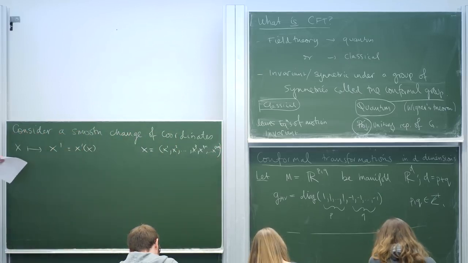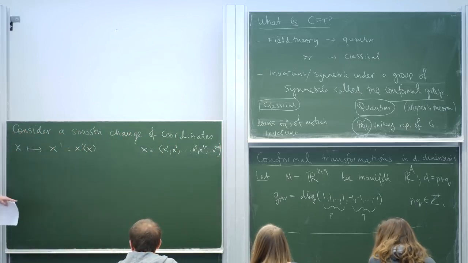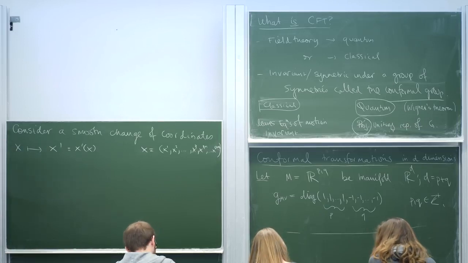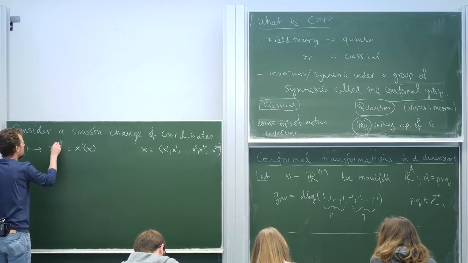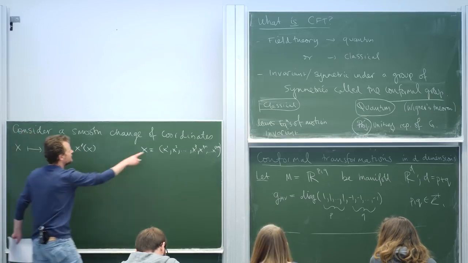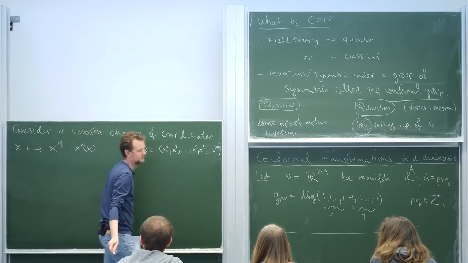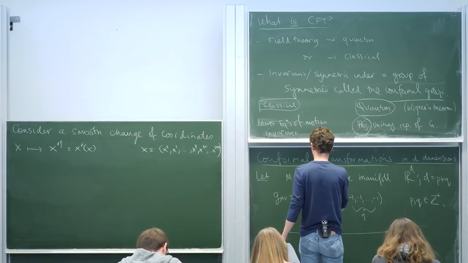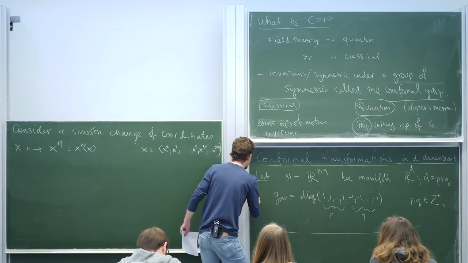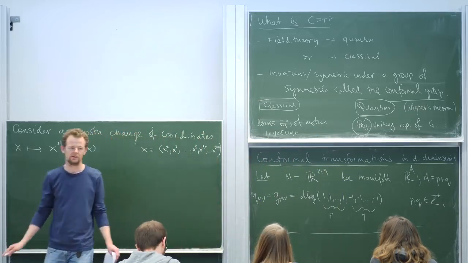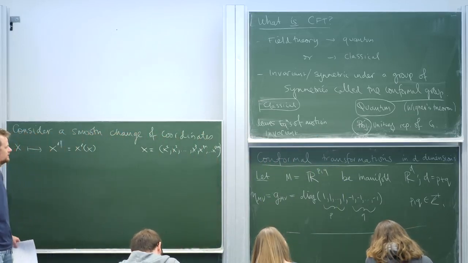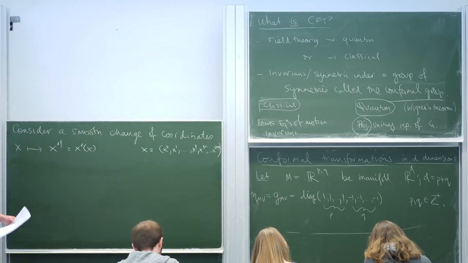We're going to choose some coordinate system on this manifold. There is a global coordinate system, we're lucky here. And we're going to consider a change of coordinates. I write g, but I probably will write eta mu nu. It's very easy to flip between those two notations. If it's not clear from the context, please let me know.